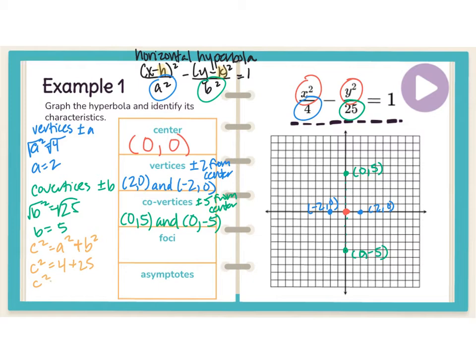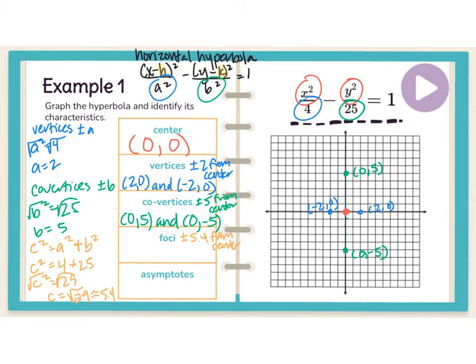So that gives us 29. So c is the square root of 29, which is approximately 5.4. So that's going to be plus minus 5.4 from the center, and that's going to go to the left and to the right.